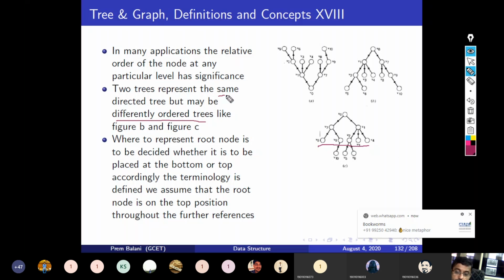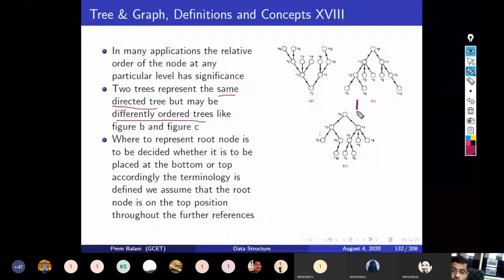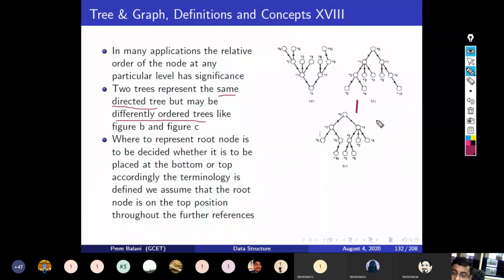So the same directed tree can be differently ordered trees, like figure B and figure C. See here, these two, B and C, these two trees are what we say. These two trees are the same directed trees, but if you consider the order, then order-wise these two trees are different. So let me maximize it so that you can see.